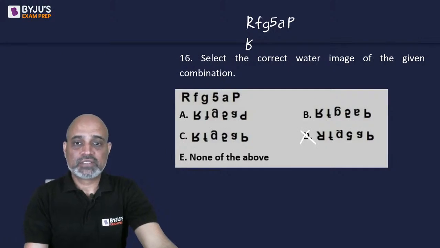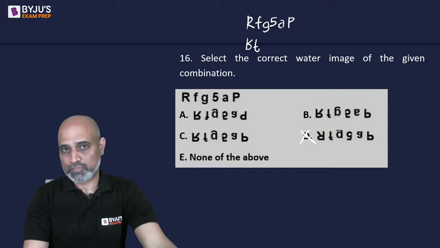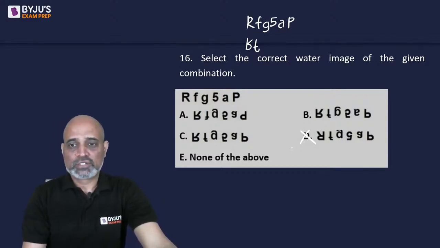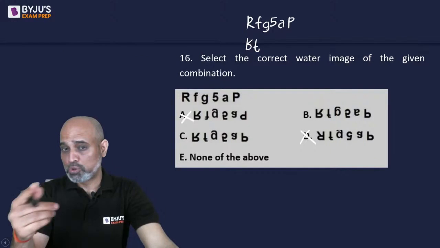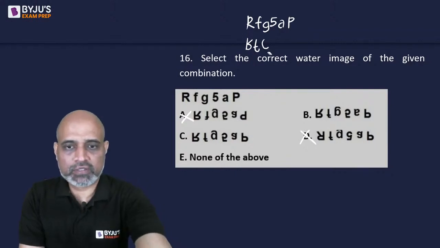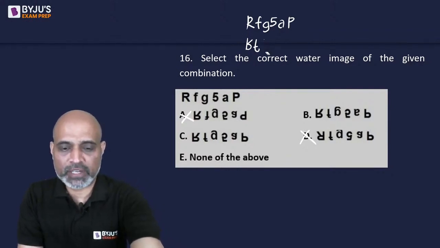Then the mirror image of F is going to look like this, which is going to look like a T, right? So mirror image of G, which is more like a 9, is going to look like more like an inverted 9, mirror image wala.